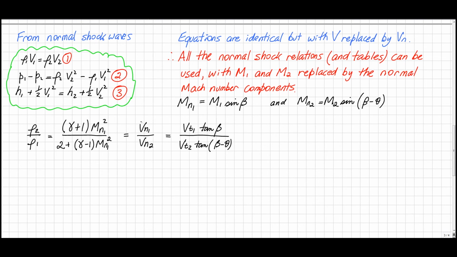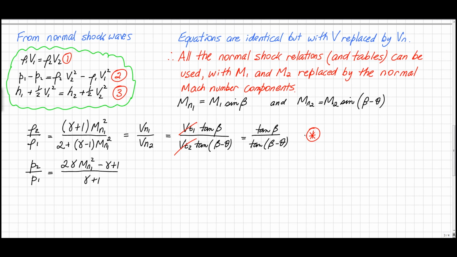And from the geometry, we can relate the normal components to the tangential components through the angle of the shock wave and the angle of deflection, so beta and theta. But we've said that Vt1 is equal to Vt2, so we can cancel those from the top and bottom, and we end up just with tan beta over tan beta minus theta. And I'm going to call that equation star because I'm going to come back to that.